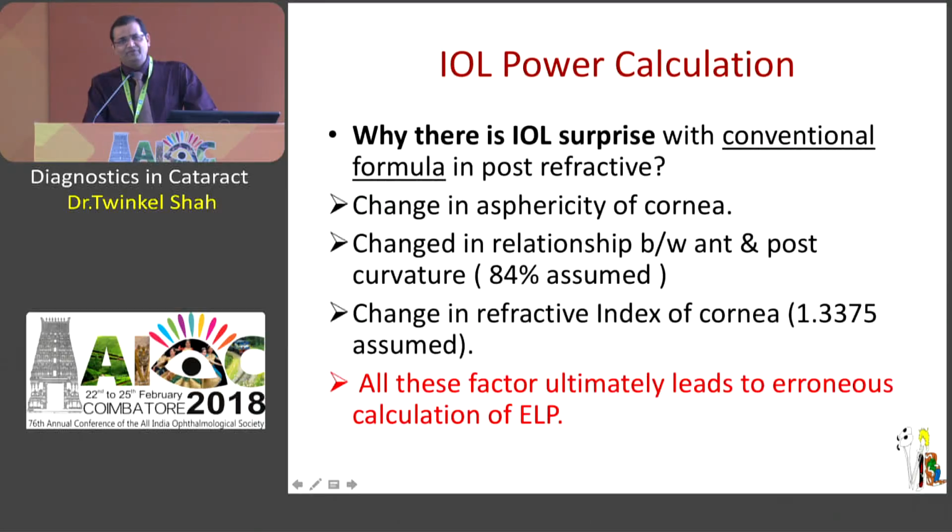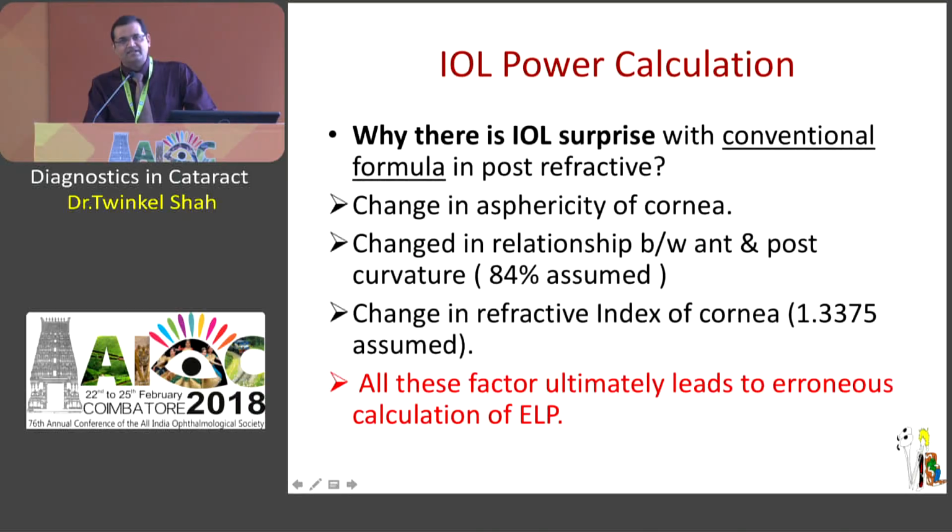Why do we need different IOL power calculation formulas? Because in a conventional formula, the effective lens position is the main consideration in the third generation formulas, and refractive surgery makes a change in the asphericity of the cornea. There is a change in the relationship between the anterior and posterior curvature of the cornea. There is a change in the refractive index of the cornea.